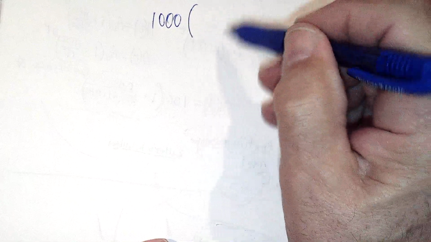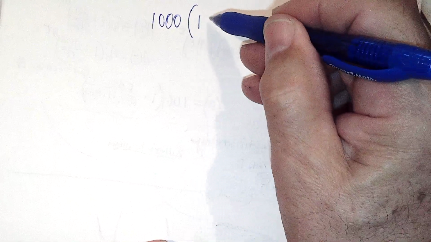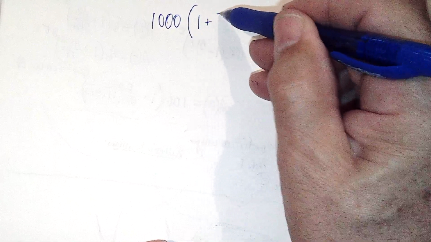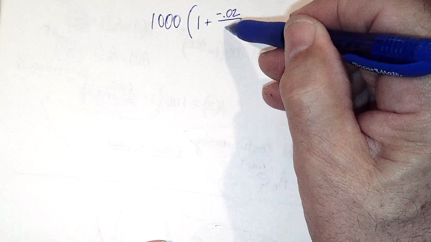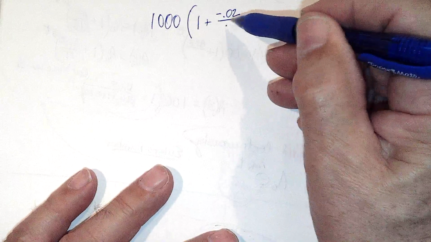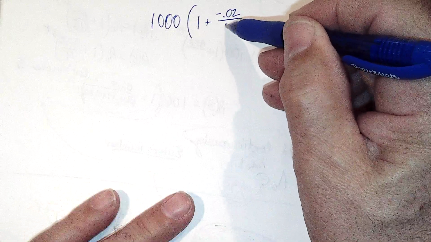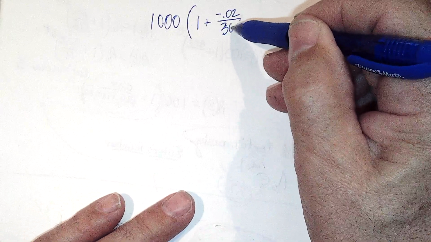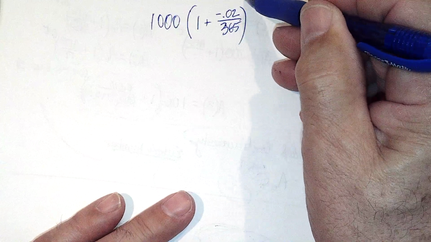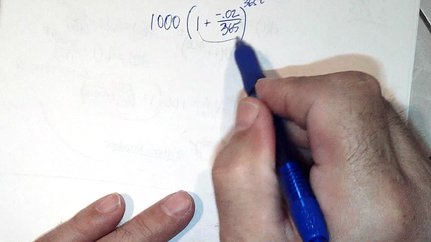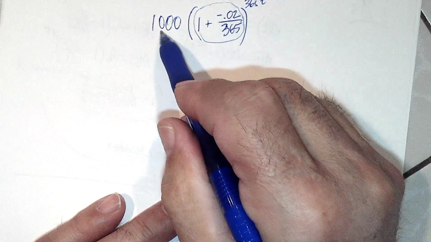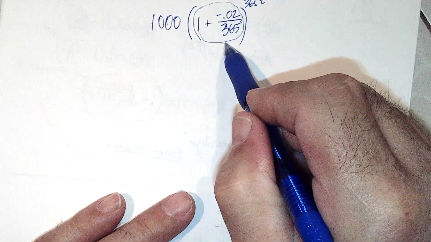Well, then I'd be taking it times 1 plus a negative 0.02. And then if this is compounded monthly, or let's do daily, 365 to the 365t. And this will be less than 1, so it'll be a decay model.